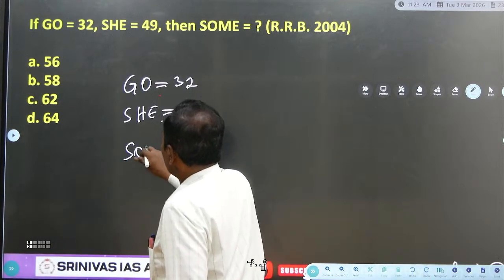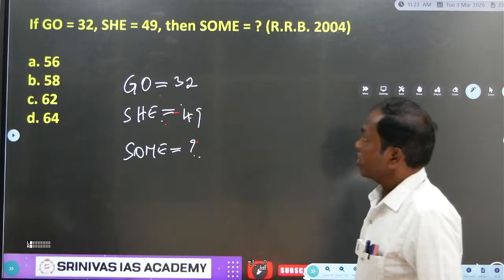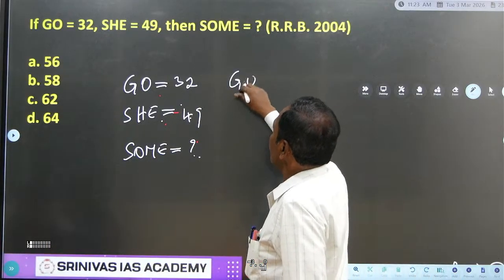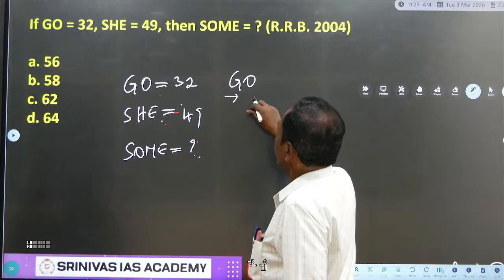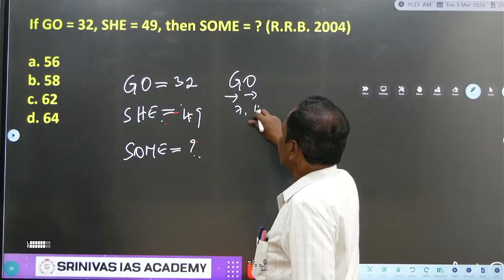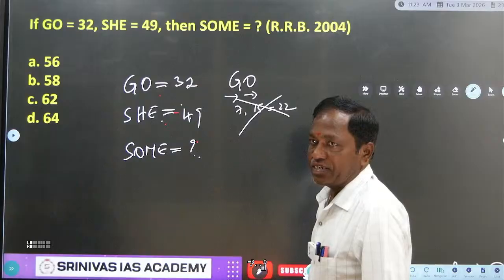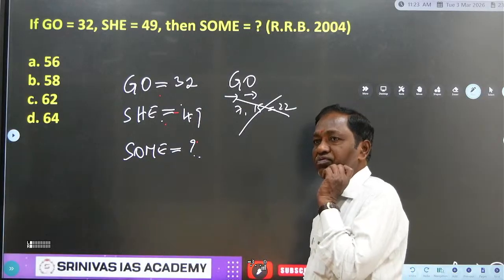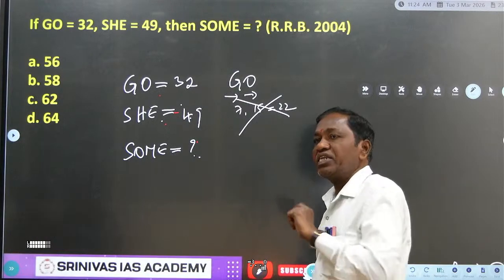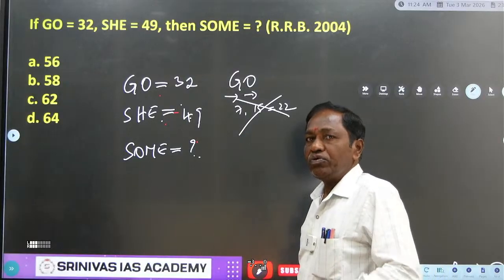Now go, if you see the forward order, G is the 7th letter and O is the 15th letter, 22 will come. It's not correct. Reverse order you check, because go is 32. Hence, let us go reverse order.